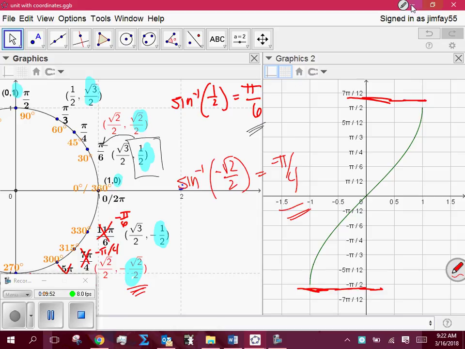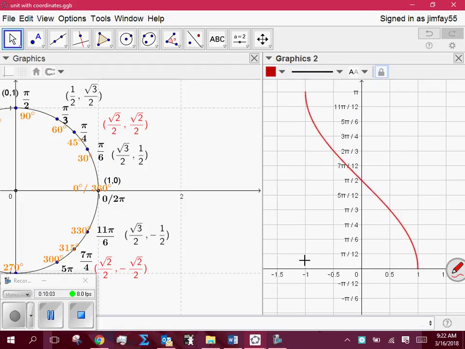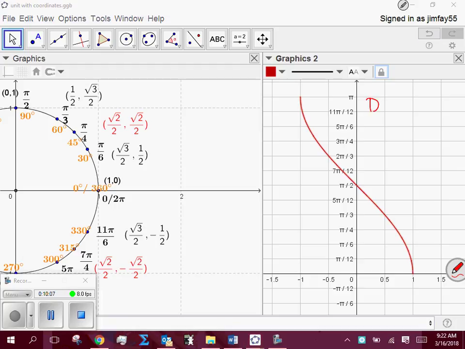Okay, so now let's look at the cosine. So if I graph the arc cosine of x, it gives me that thing there. Okay. What is the domain of this? Negative 1 to 1. What is the range? 0 to pi.